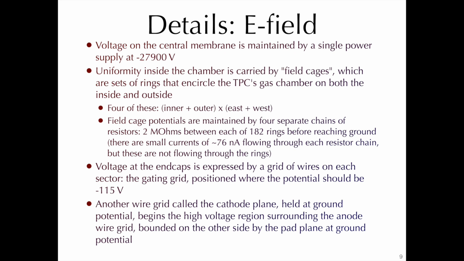So those 4 rings, of course, are the inner east, inner west, outer east, and outer west. So it's a very small electrical current that flows down these resistor chains. But if there's any modification of that current or any modification of the resistor chains, that will result in non-uniformities in the electric field. So something to keep in mind.